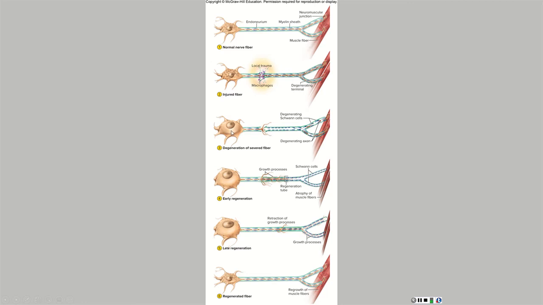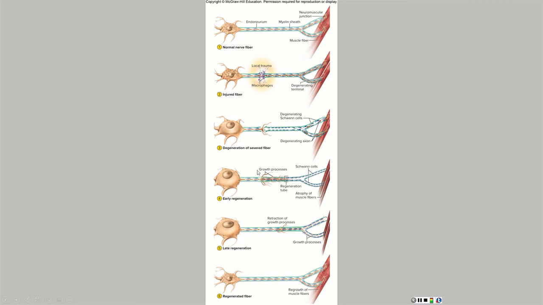Now, the axon here, which was shortened, is going to start to sprout some little fibers called growth processes. And these growth processes, some of them are going to grow outward, some of them are going to grow inward through this regeneration tube. And the Schwann cells start to release various chemicals. Some of the more important are collectively called nerve regeneration factors. And the nerve regeneration factors kind of coax the axon to grow through this regeneration tube.